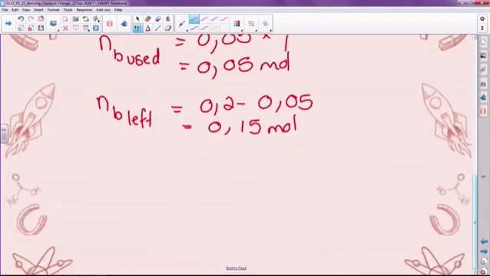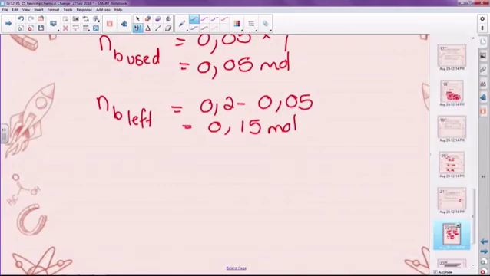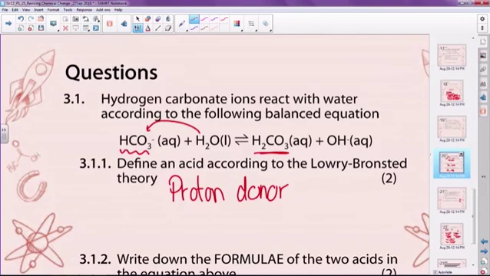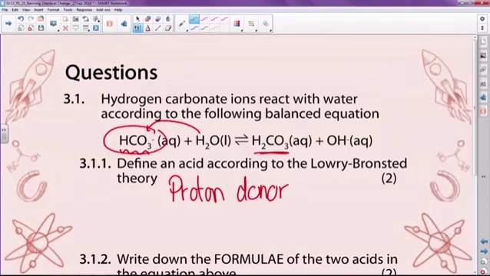Why have I done that? Because if we go back to my original equation, this shows me that when HCO3 minus breaks up, it gives me OH minus. This is just like if I put an Na plus, I would end up with Na plus here. It's a one-to-one relationship, okay?